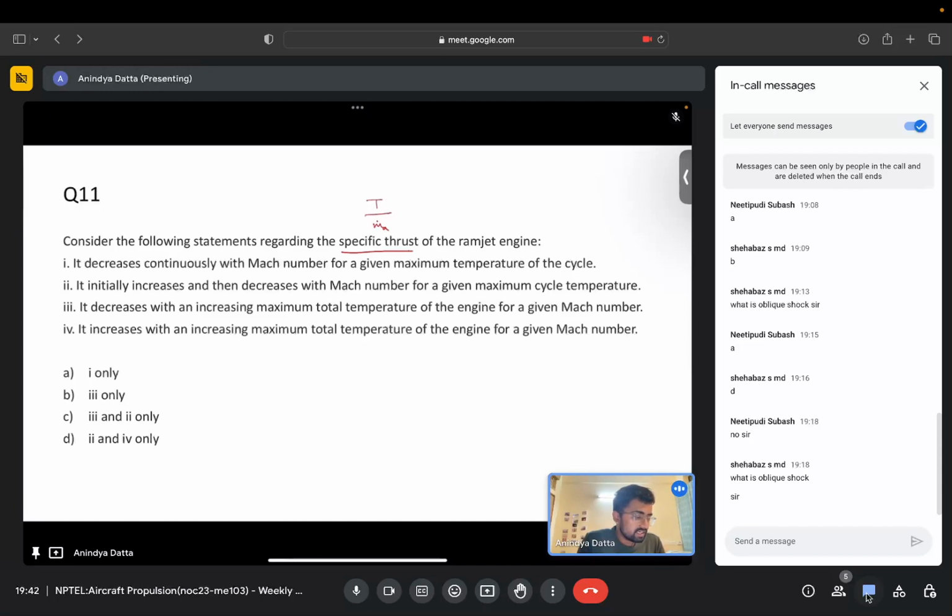Statement 2, it initially increases then decreases with Mach number for a given maximum cycle temperature. Statement 3, it decreases with increasing maximum total temperature for a given Mach number. Or statement 4, it increases with increasing maximum temperature for a given Mach number.